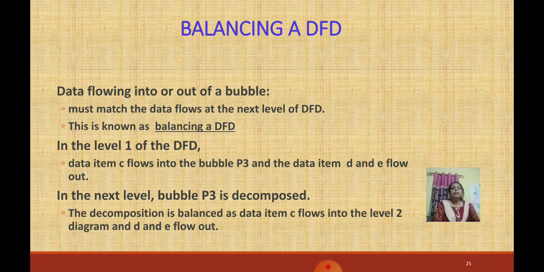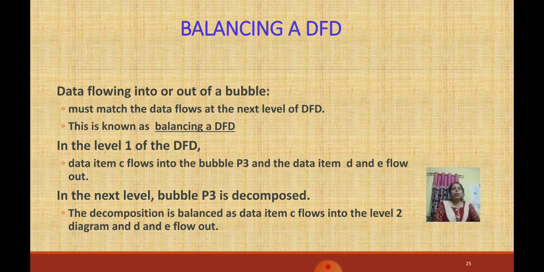Then balancing a DFD. Data flowing into or out of a bubble must match the data flows at the next level of DFD. This is known as balancing a DFD. Balancing a DFD means if in the higher level DFD the data is inputting some data and outputting some data, that is the same in the next level of DFD.